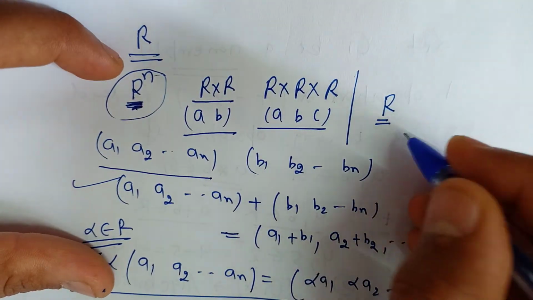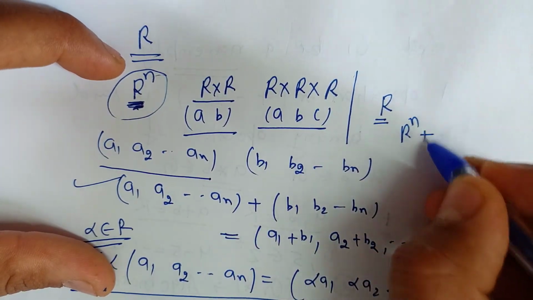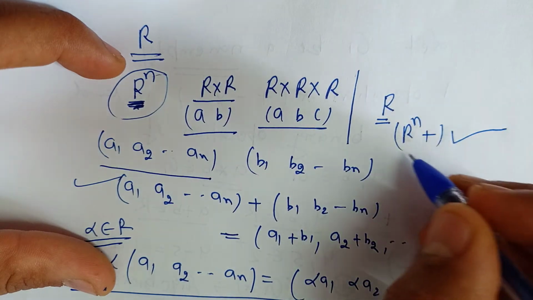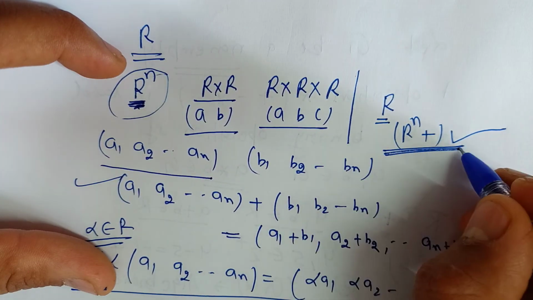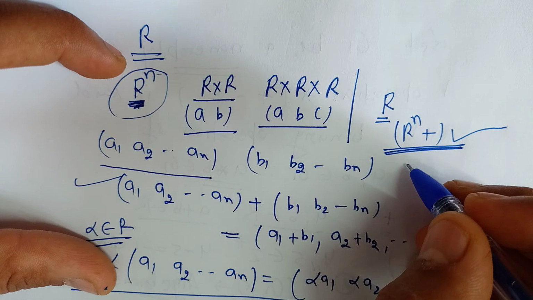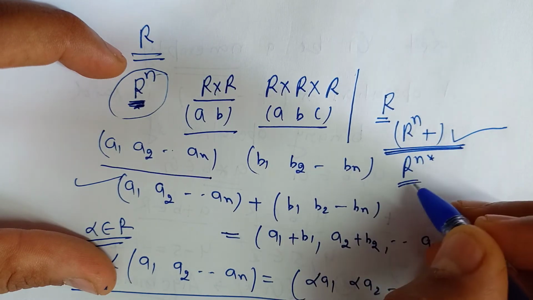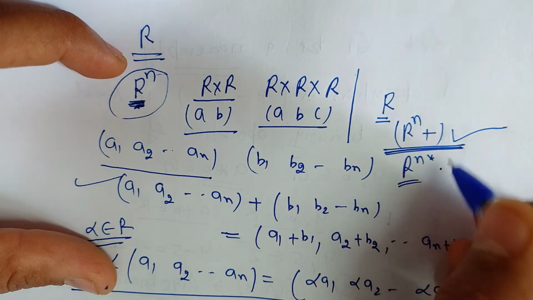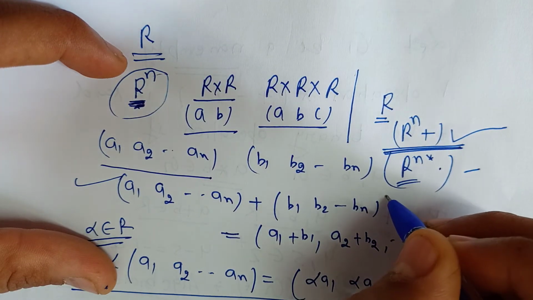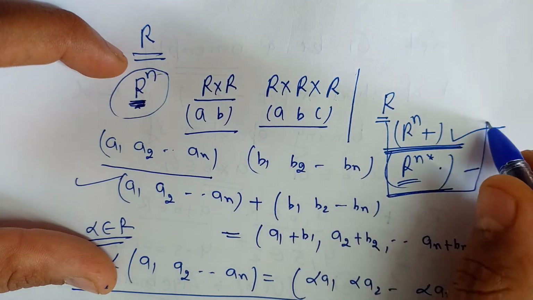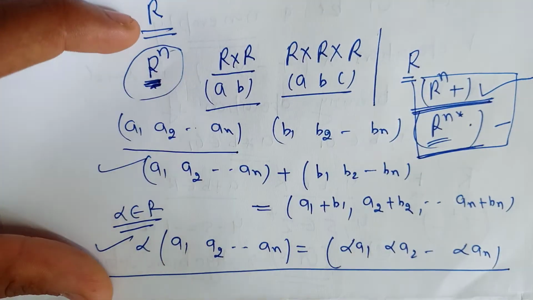Rn with plus forms the abelian group, with four properties for addition, and similarly Rn star, except that 0, forms the abelian group under multiplication. So this satisfies all the properties of a vector space.